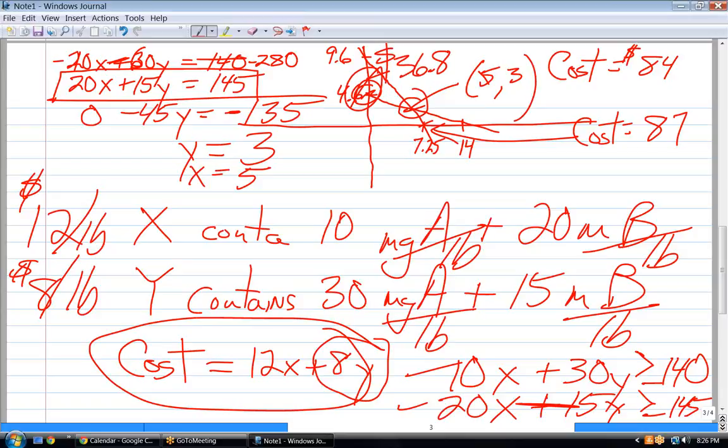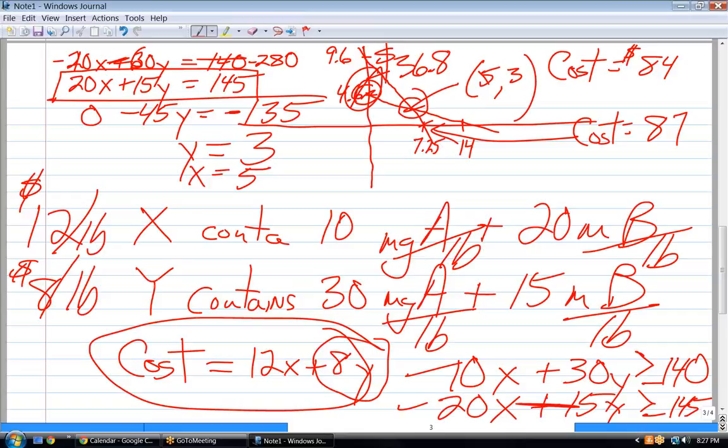Now let's just see if that meets our criterion. In other words, we're not going to buy any of the x's. We're going to buy 8 pounds of y.